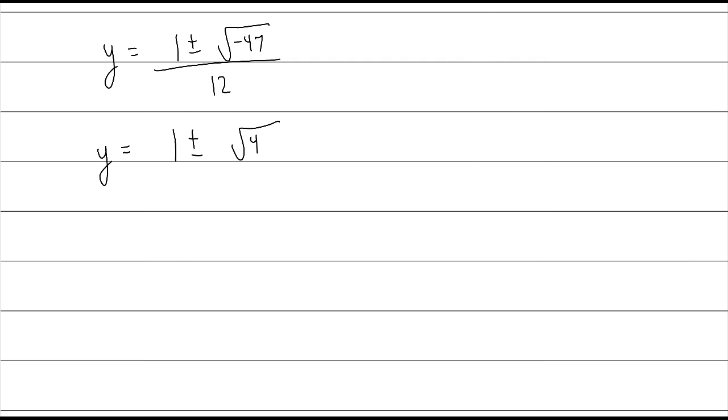So you need to make it a positive, the square root of positive 47. But that negative will transfer to the outside of the square root as an i. Okay, i for imaginary. We're going to pretend like this is not real. Actually, we're not pretending. It's actually not real. It's non-real solutions that we have here.